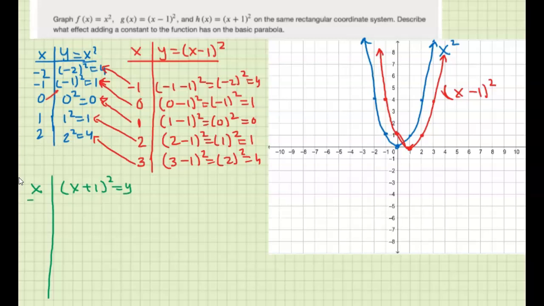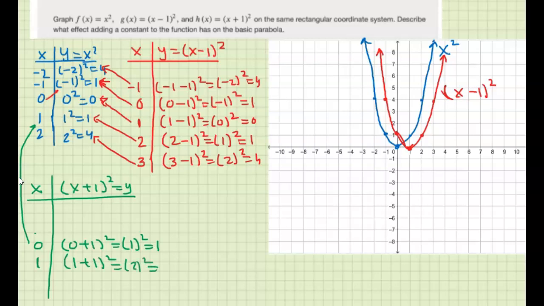That's the y value. So I'm going to plug in 0. We get (0 plus 1) squared, which is 1 squared. So this one corresponds to this one now. If I plug in 1, I get (1 plus 1) squared, which is 2 squared, which is 4.